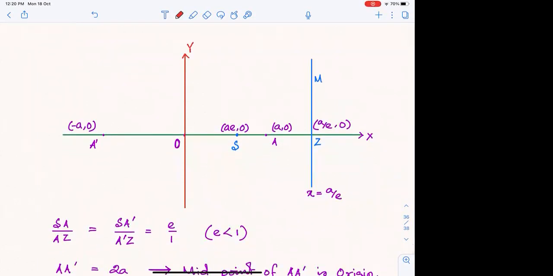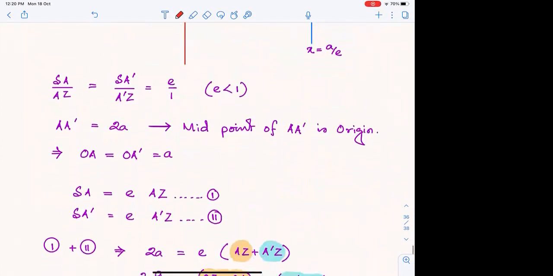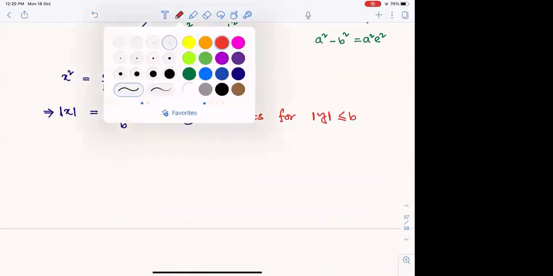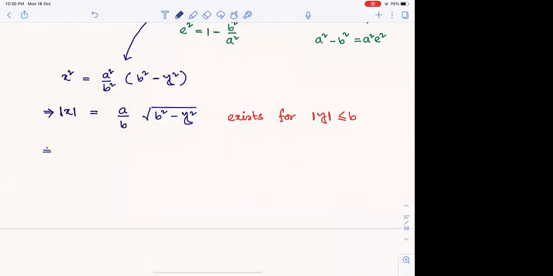Okay, so this is y-axis, and there will be some points 0 comma b and 0 comma minus b through which it passes. As an alternate formation, we can also represent this as mod y is equals to b by a into root over a square minus x square.